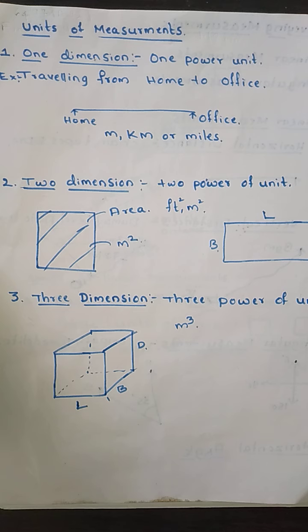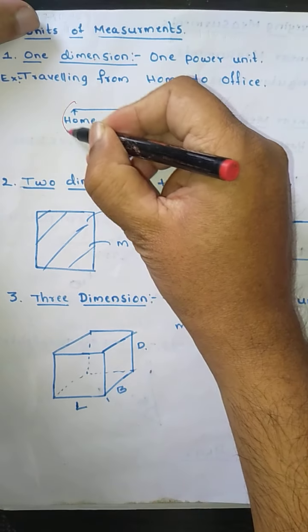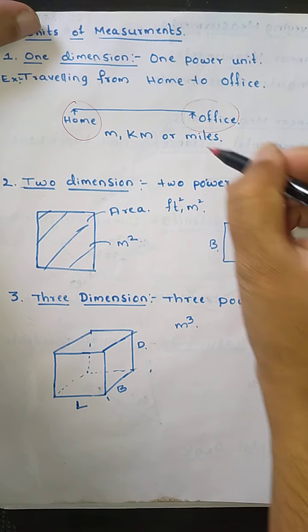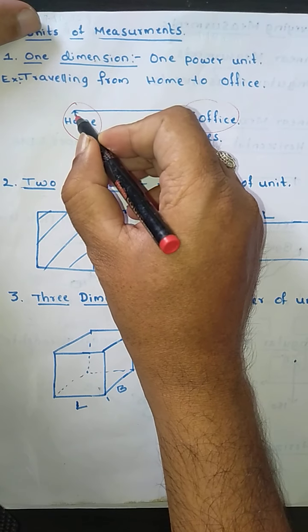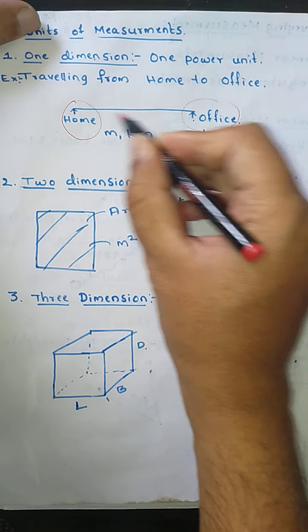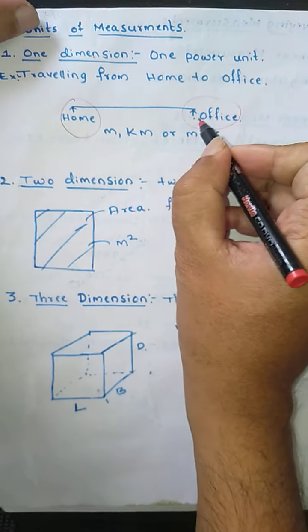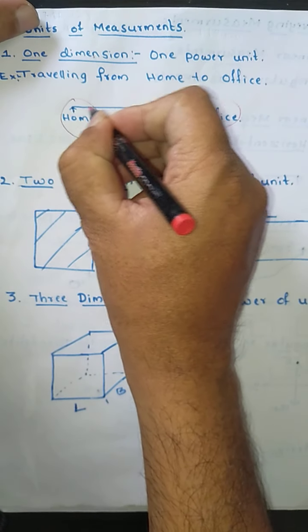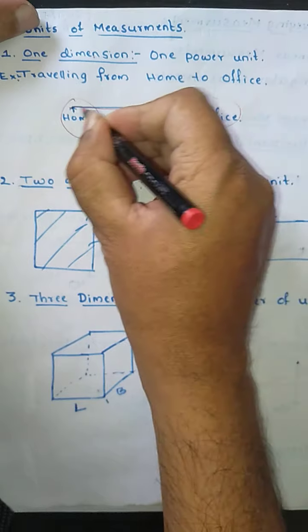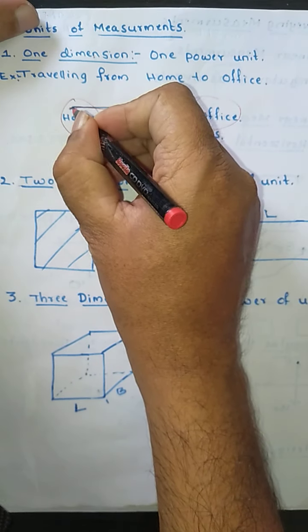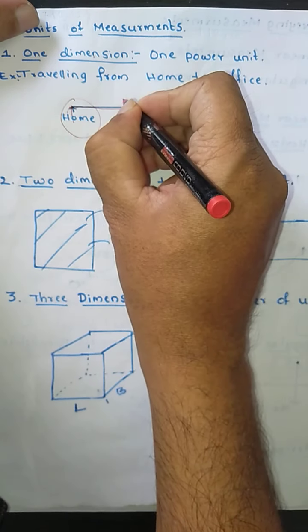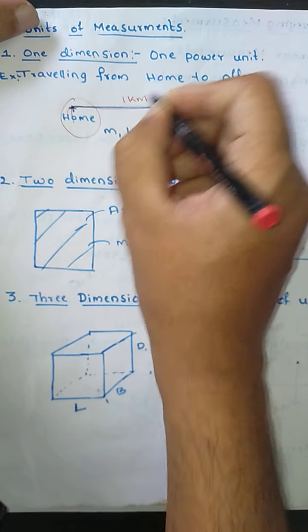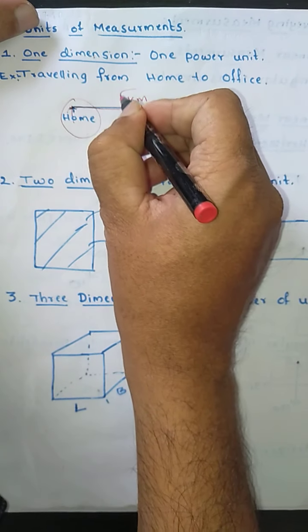In simple words, if you are traveling from home to office, whatever distance you measure from home to office, we say it is a 1 dimension, because you are measuring in only one direction. Suppose it is 1 kilometer from home to office, then this particular distance is called a 1 dimension.